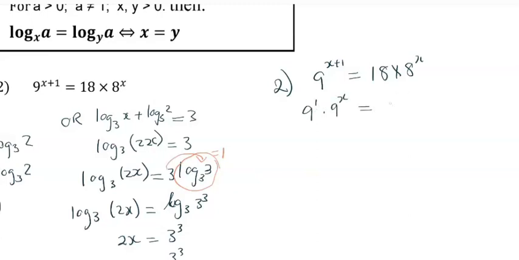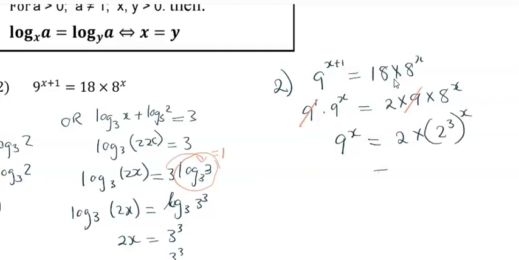And the right hand side we can write as 2 times 9 times 8 to the x. We can thus divide both sides by 9. If I do so, I have 9 to the x is equal to 2 times 8 to the x, and 8 is the same as 2 to the 3, to the power of x. So the right hand side can simplify to 2 to the 3x plus 1.